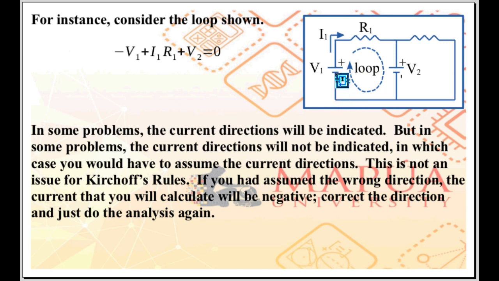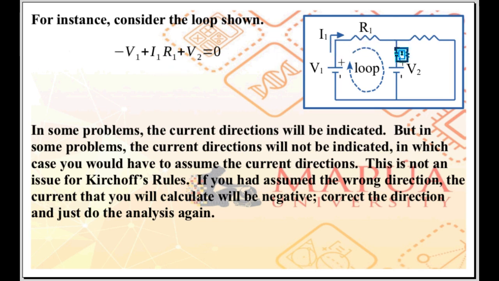Starting at this point, the loop enters the negative side of V1, so minus V1. Then it passes through R1. The loop at this location is heading to the right. The current is heading to the right, same direction, so plus I1 R1.